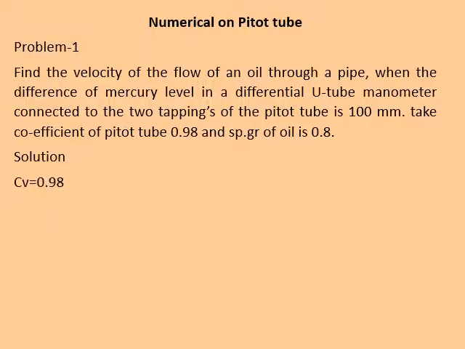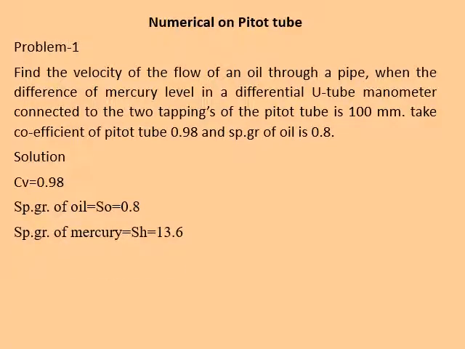The solution: the coefficient of Pitot tube is 0.98, specific gravity of oil, that is S_o, is equal to 0.8, specific gravity of mercury, that is S_h, is equal to 13.6.